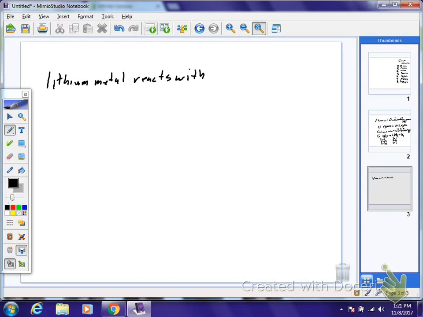So this is kind of a little bit more descriptive, and it tells you what's going on, what your reactants are, what your products are. Kind of more of a written form of what's going on.